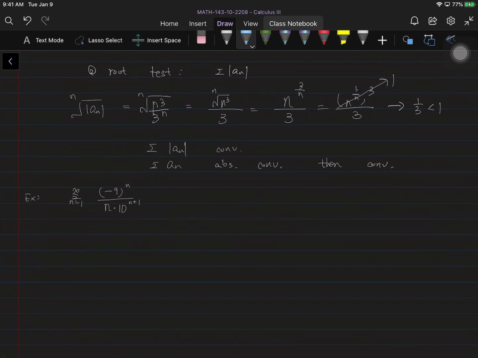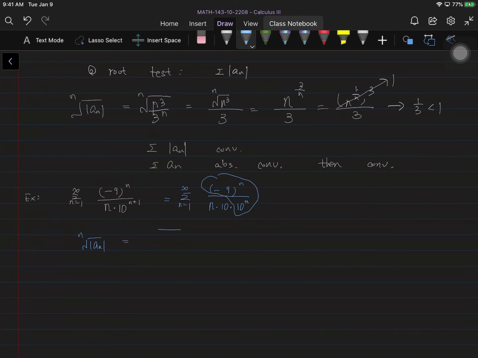By looking at this series, I think it's easy to use the root test on the absolute value of a_n. Let me simplify this a little bit, because I know I can separate 10 to the n+1 power into 10 times 10 to the n. So you can see this has an n power, that's why I like to use the root test. Now let's perform this.